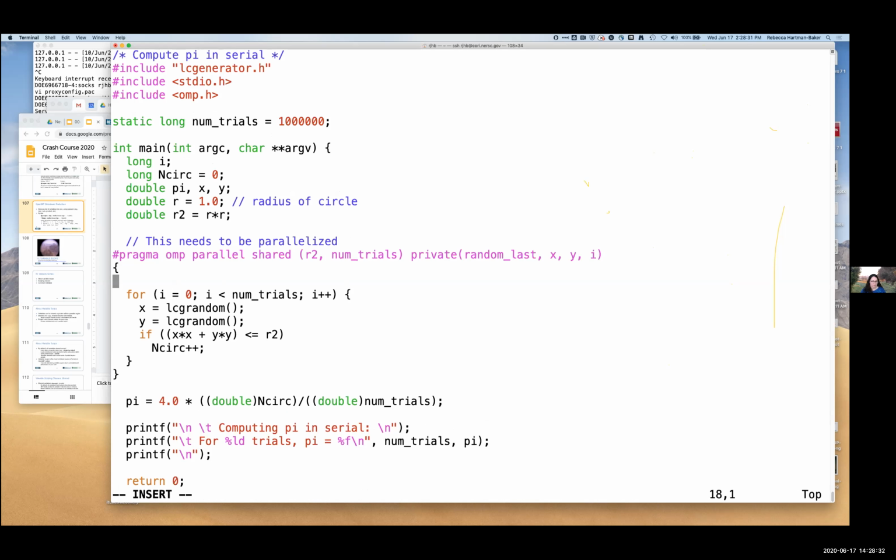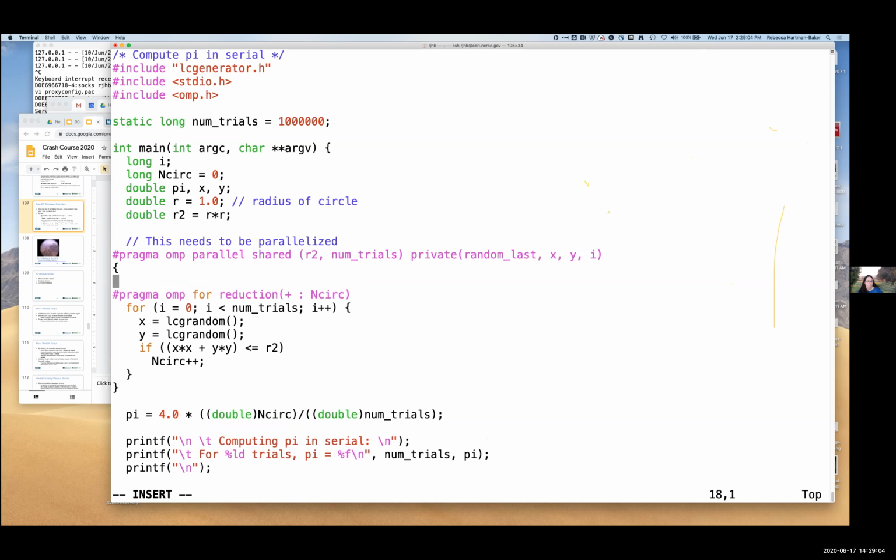So here I'm going to put that pragma omp for, and then reduction plus colon NERSC. Just make this a little bit prettier. Okay, so that's how I'm going to do that.